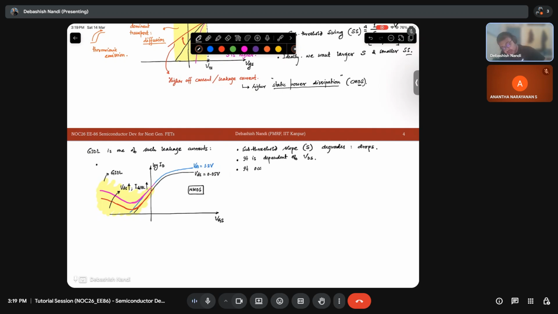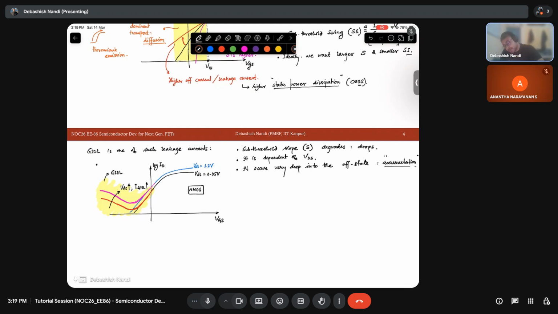It occurs very deep into the off state, or in the accumulation region.